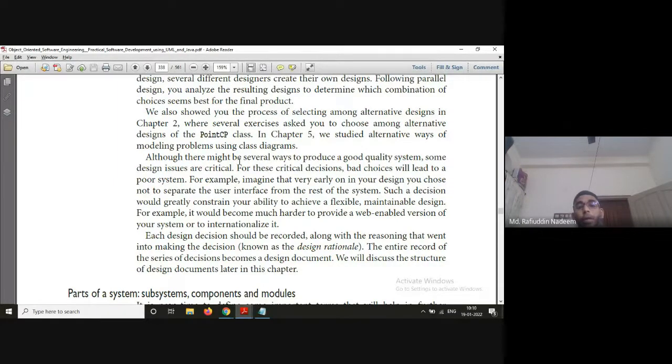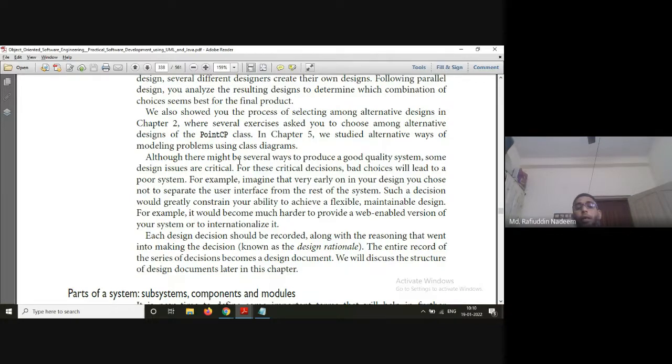If you make a bad choice, it will lead to a very poor system, and it will be hard for you to rectify the system again.